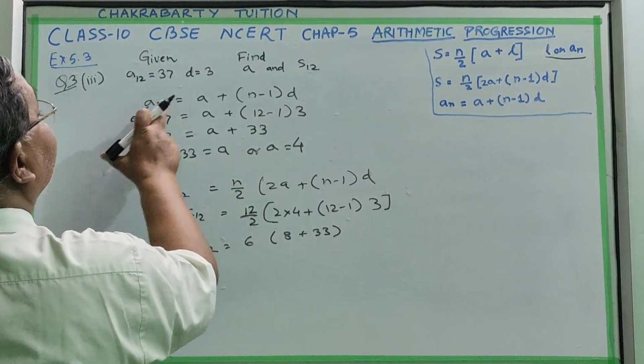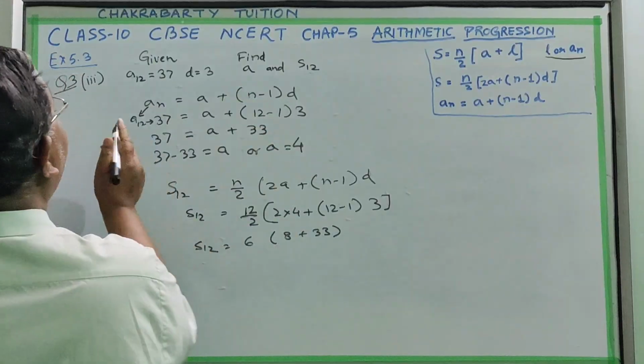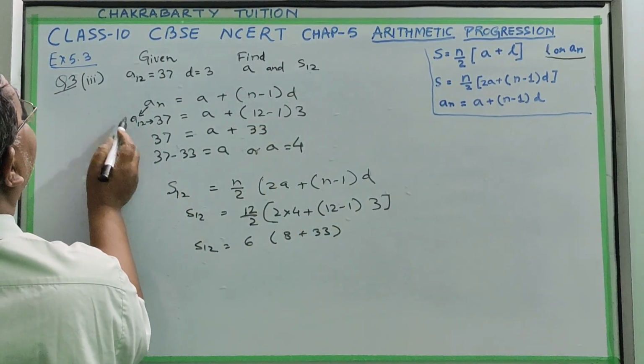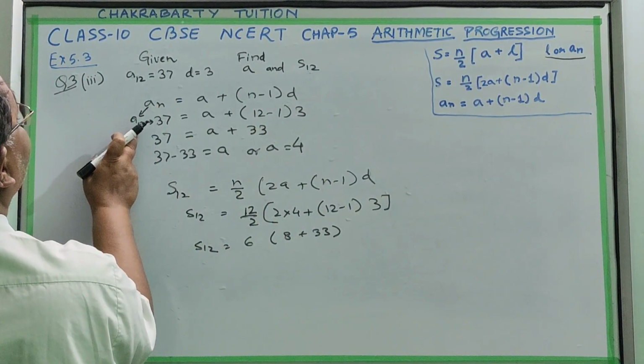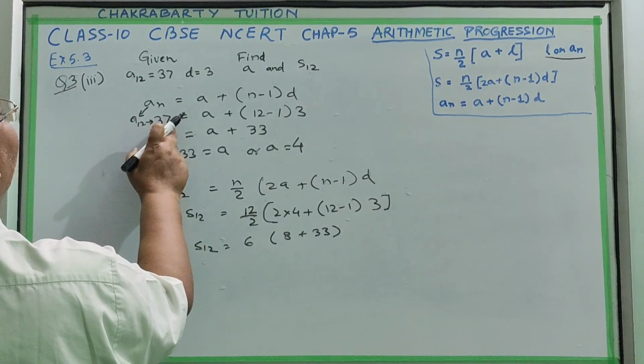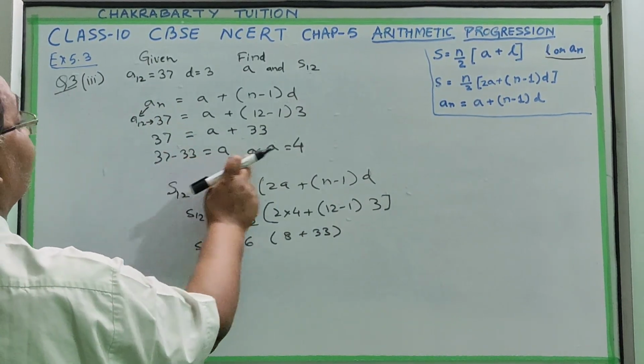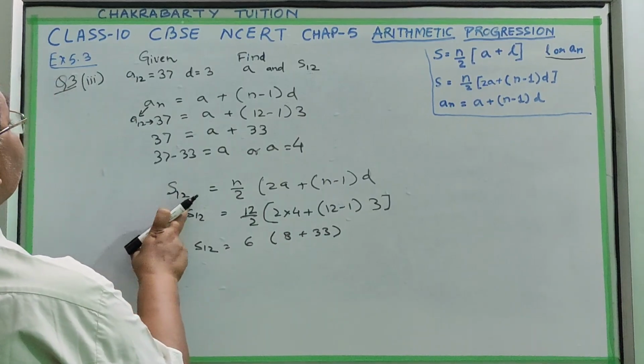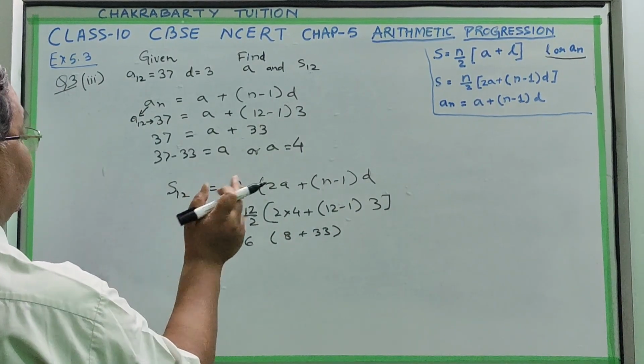Here An equal to this formula we have used, and An means A12, which is 37, that's why we solved it. Now S12 we have to find out, the sum up to 12.